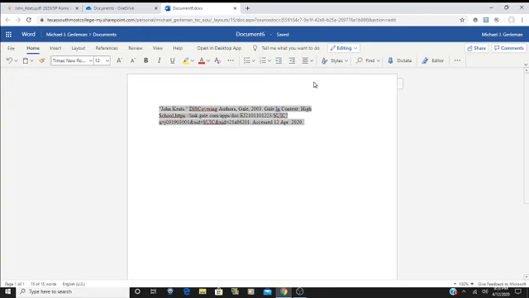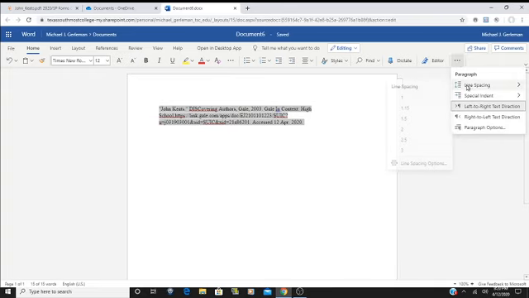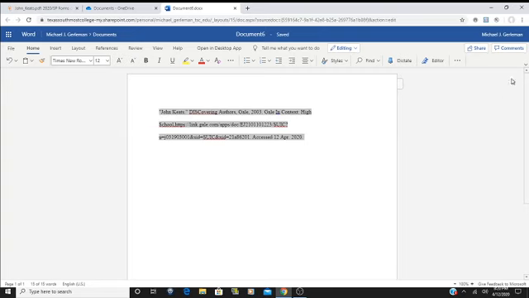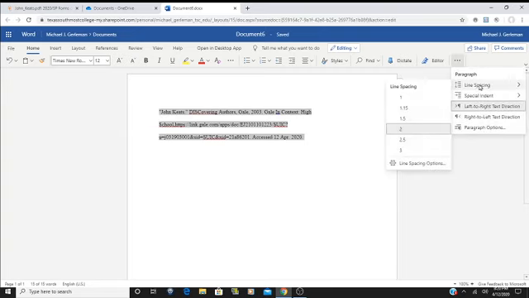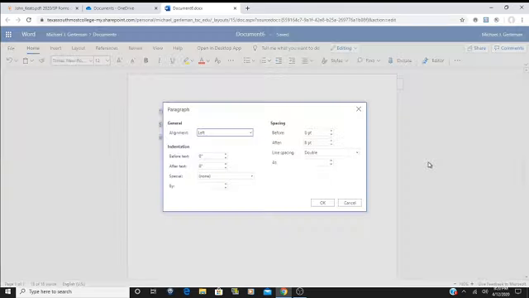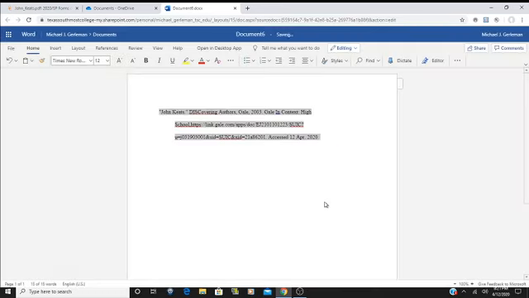Nope. Give me just a second. Line spacing. And 2. Okay. And then I'm going to go back to line spacing, to line spacing options, and make sure it says 0, double, and then hanging, okay? And it's going to look like that.